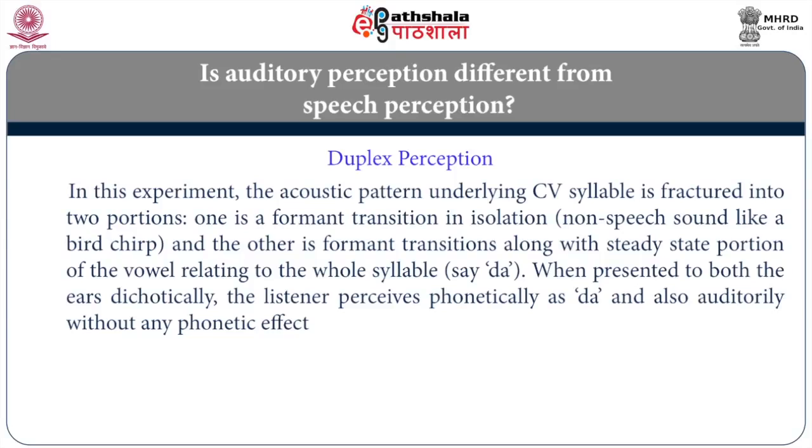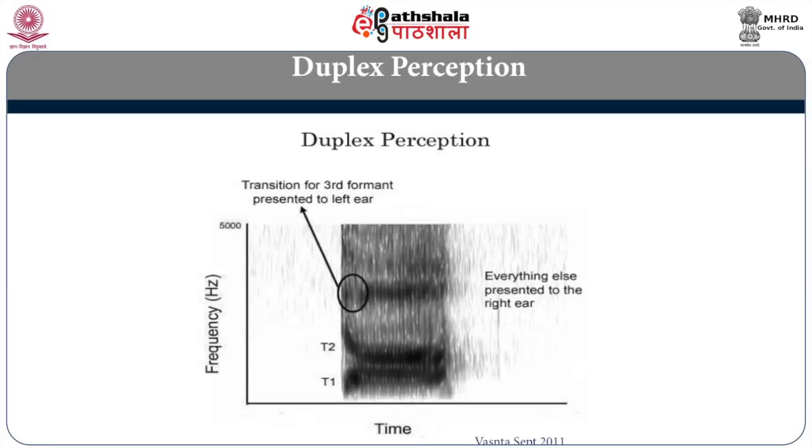When you attach the steady state portion of the vowel along with the formant transition, then it is more meaningful. What they wanted to know is what mechanism is playing a role in hearing and perceiving a chirp as opposed to "cha". Look at the spectrogram we are showing you on the screen.